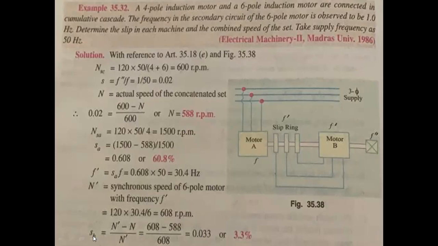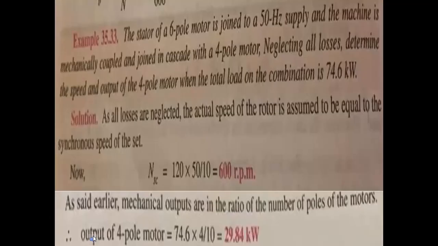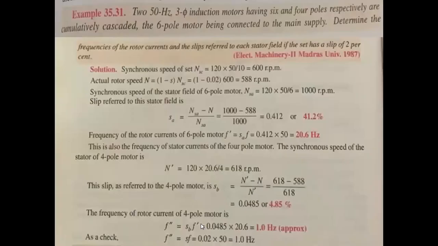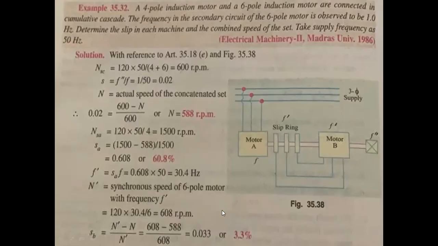Next, the frequency, we have to find F double dash. F double dash is the same as before: SB into F dash. Here they have not asked for it, I think.